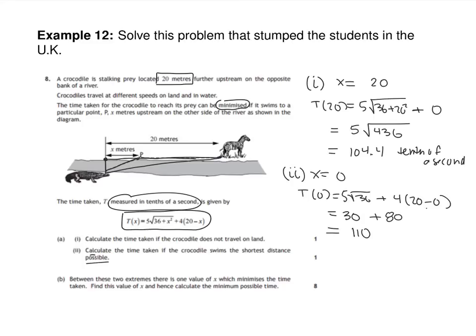Or 110 tenths of a second. You guys buy those things? Do you understand those? It'd be easy to mix them up, but I mean, you can do the math the British kids couldn't do.